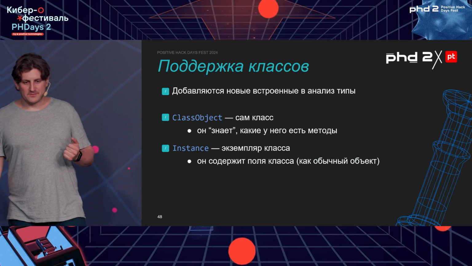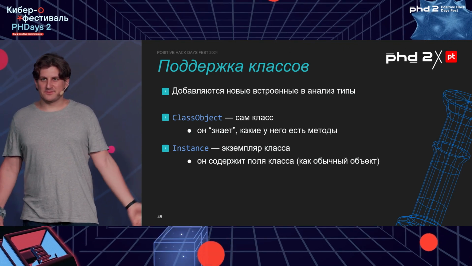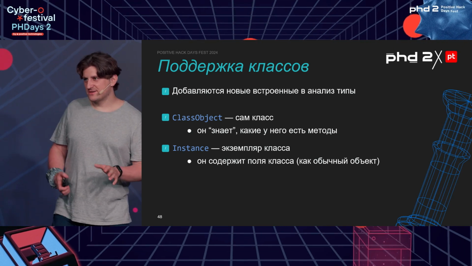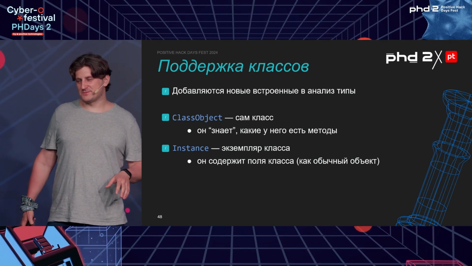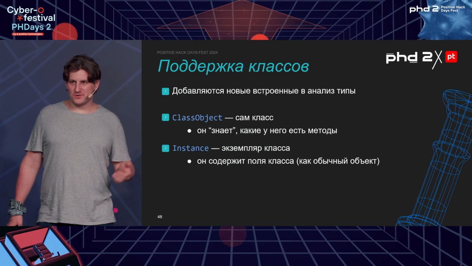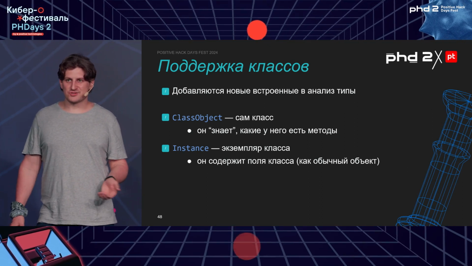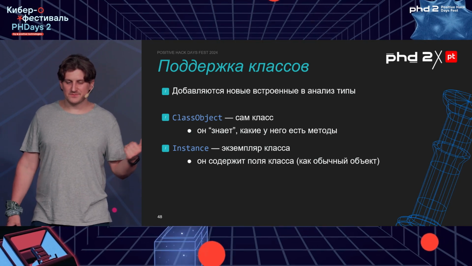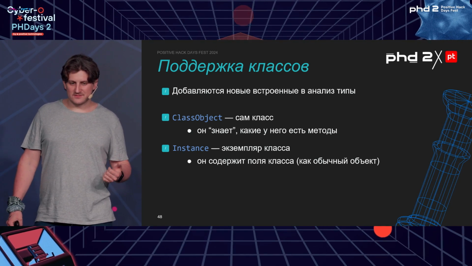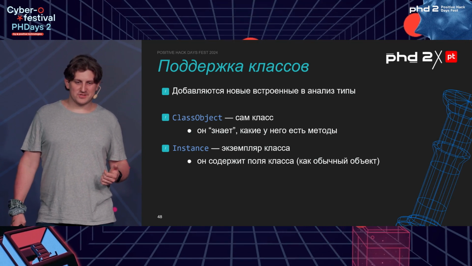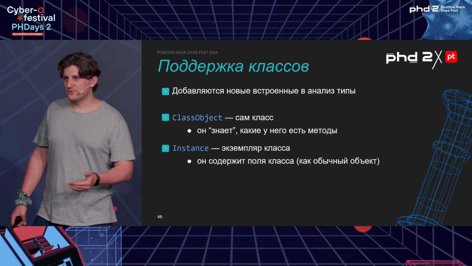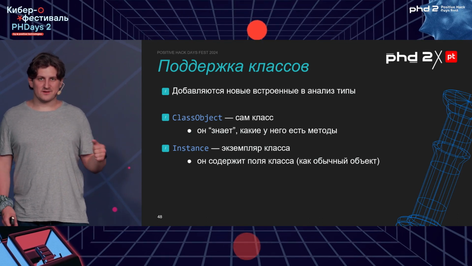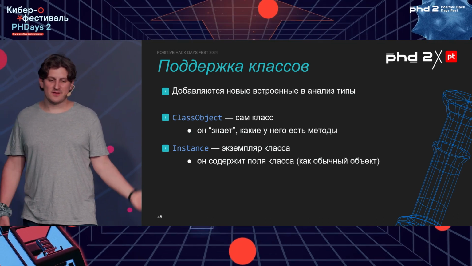Now, the next improvement we've added is class support, particularly object-oriented code. Previously, we were pretty lousy with analyzing such code because the analyzer would not really understand what this means. So what have we done in this respect? A, we have added new special values to the analysis algo itself.